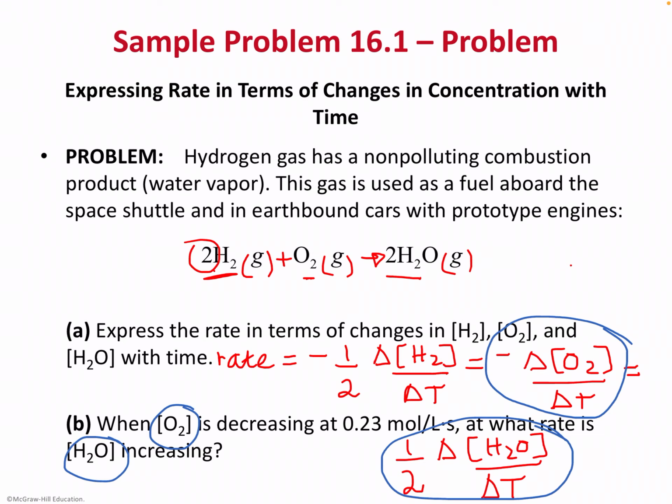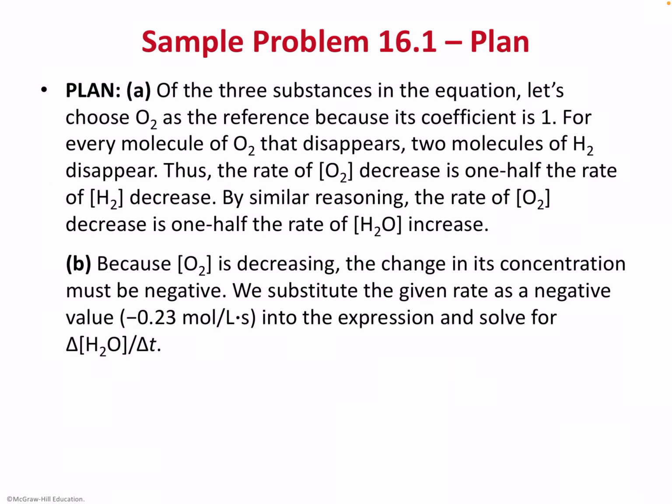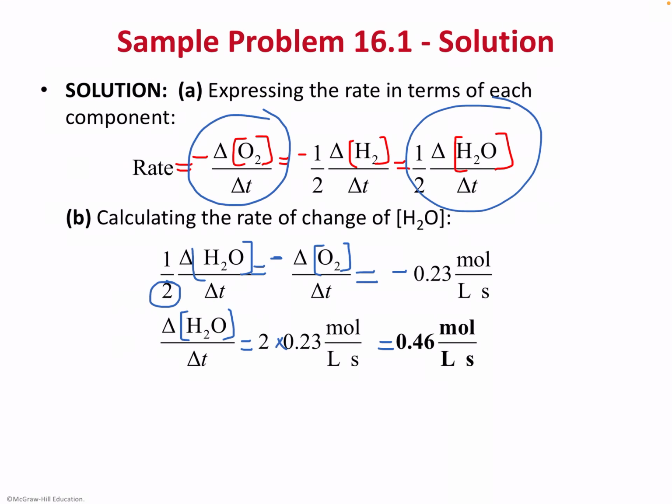You see here, 1 mole of oxygen reacts to give you 2 moles of water. As the oxygen concentration decreases, water concentration increases 2 times. The oxygen rate decreases and the water rate increases. So it is represented in our rate as well, 0.46 moles per liter per second.